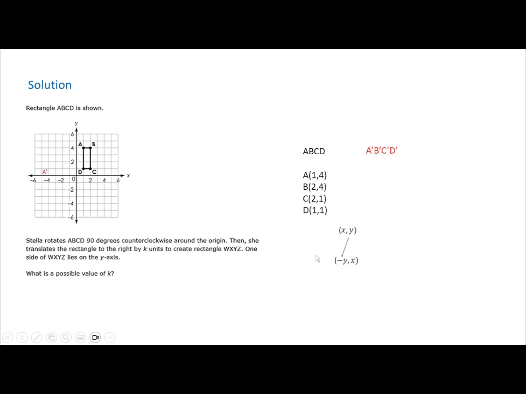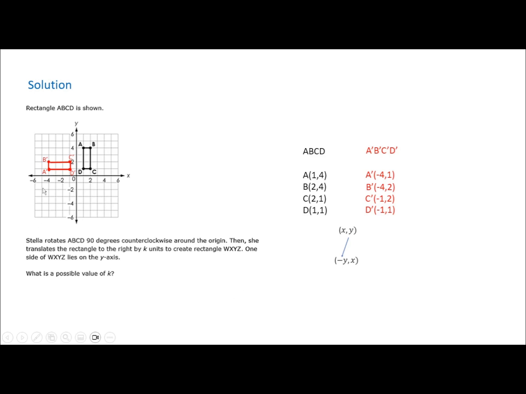Here's the formula now for rotation 90 degrees counterclockwise. y becomes negative y here, and change here, x stays the same. So here's my rotated rectangle.